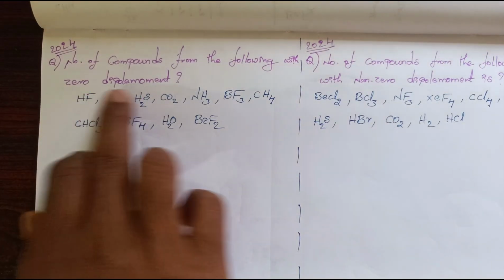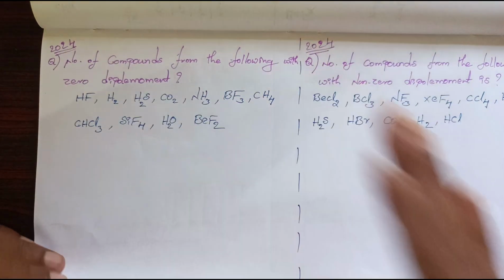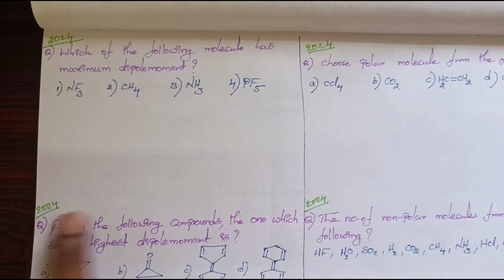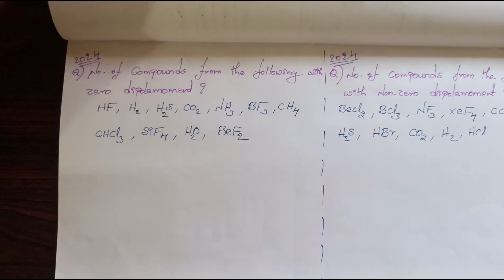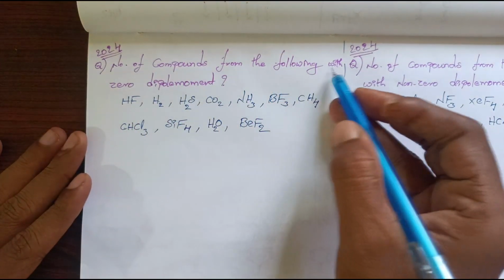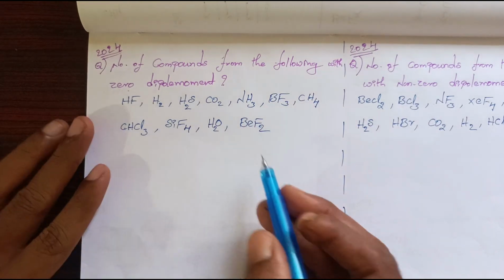Next, zero dipole moment, which molecules. Next, non-zero dipole moment. All these questions are 2024 mains examination, students. Look at each question once. What is the question here now? Number of compounds from the following with zero dipole moment. Zero dipole moment.